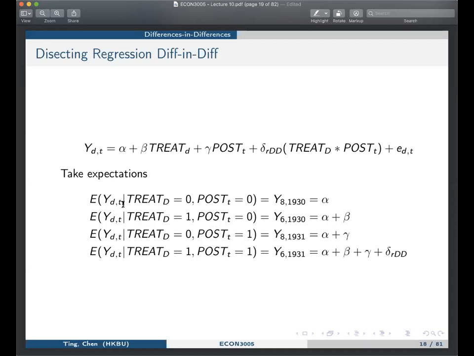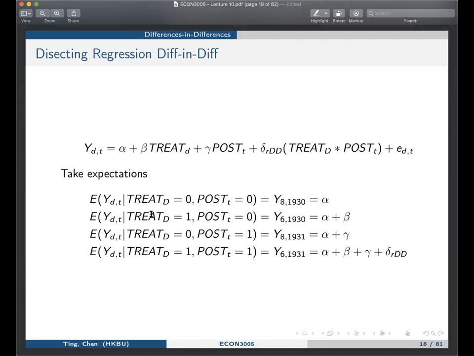The expectation value of y conditional on treatment equal to 0 and post equal to 0 will be alpha. That's just the mean number of banks in the 1930s for the A district. If treatment is 1 and post is 0, the interaction term is 0, so we have alpha and beta left.